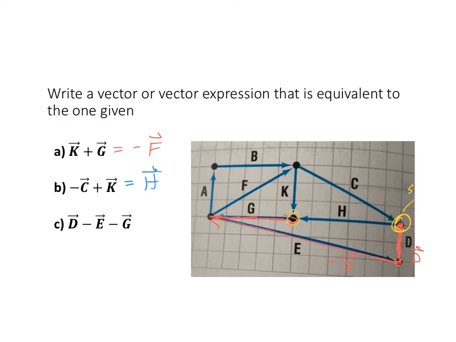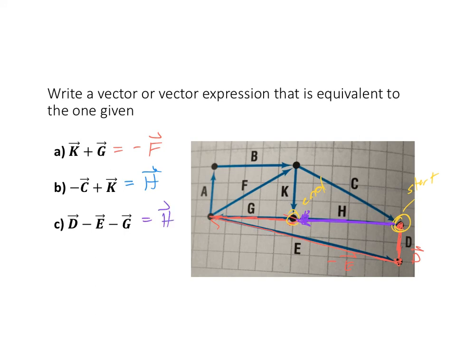So this is start to end. We connect those points from where we started to where we ended after we went across all the vectors. And that vector is this vector here that I'm drawing in purple, and it corresponds with the vector h.